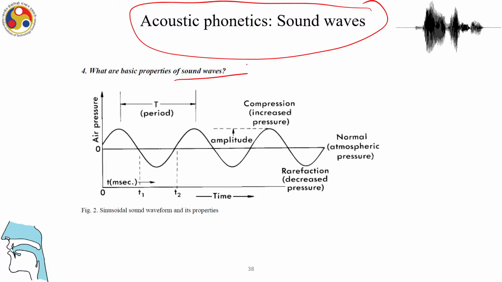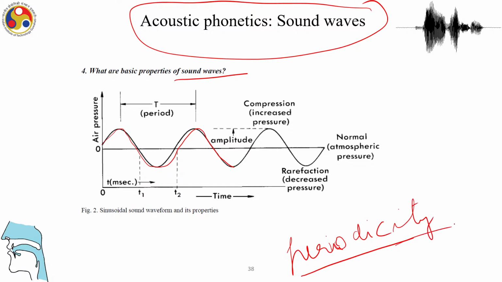Sound waves have a period, that is, cycles of repetition. They have to be equal, and that's when we have periodicity. If it is non-periodic, it is different.